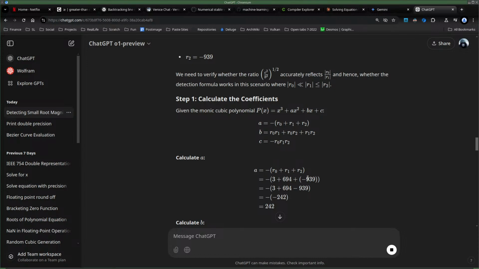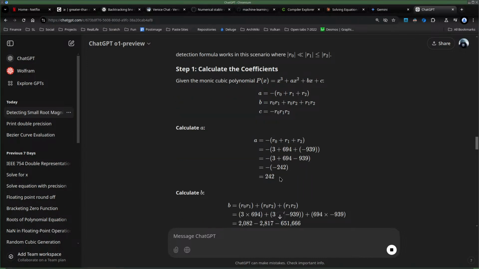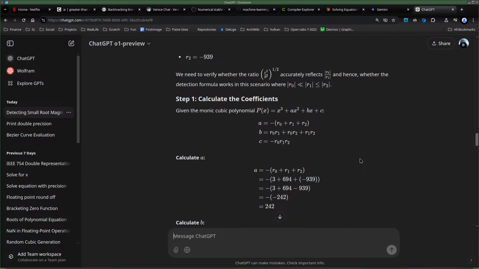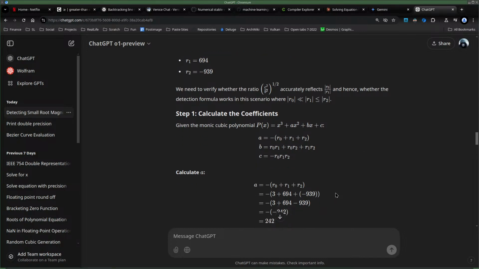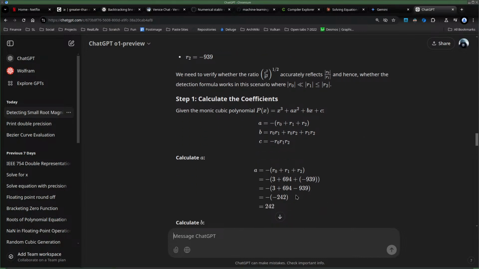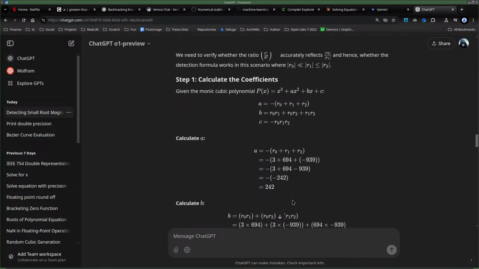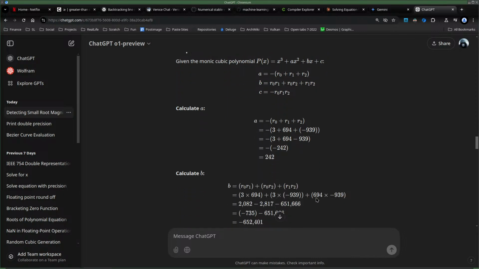A is, calculate, 242. I guess it's not making a mistake there. Minus 364 minus 9 something. Yeah, okay. And B is that.